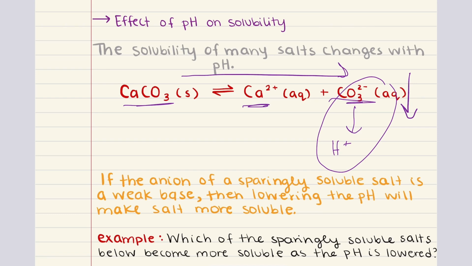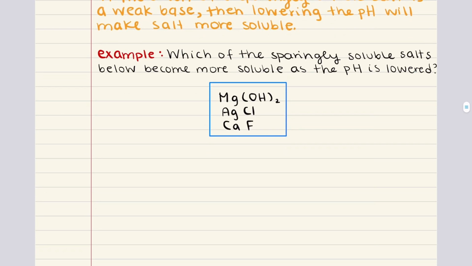Now let's take that idea and apply it to this example problem. This problem says which of the sparingly soluble salts below become more soluble as the pH is lowered. We have magnesium hydroxide, silver chloride, and calcium fluoride. Now, in order to determine if the pH of a solution will affect the solubility of a sparingly soluble salt, we have to focus on the anion.